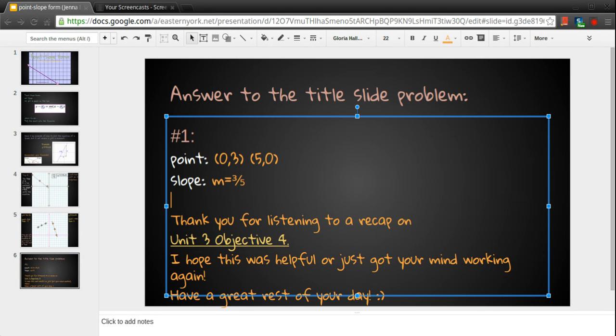I'm going to write it in our formula here. You guys should have this as well. So I'm just going to use the first one right here. It'd be y minus 3 equals m, which is 3/5, and wait, x minus 0.